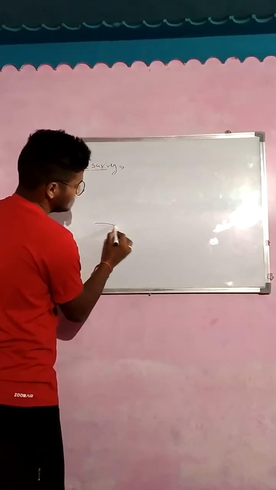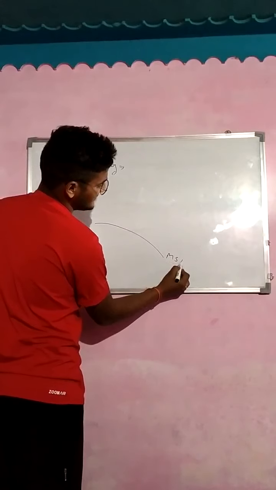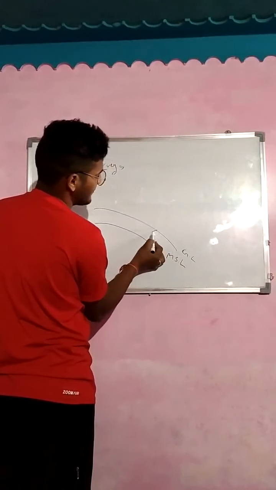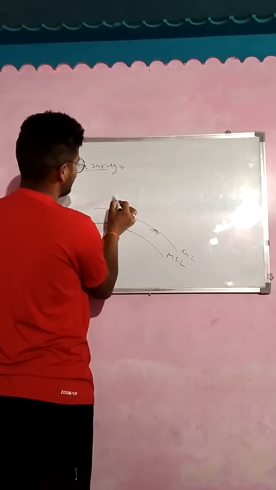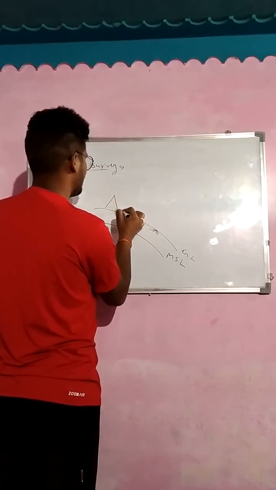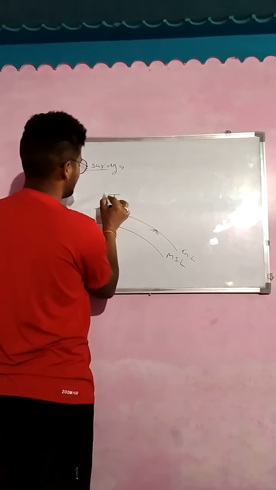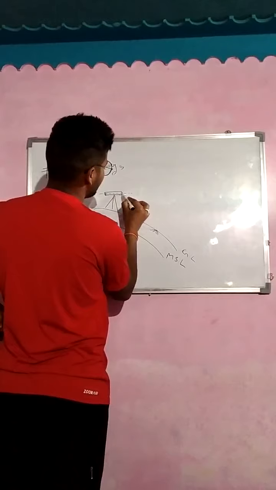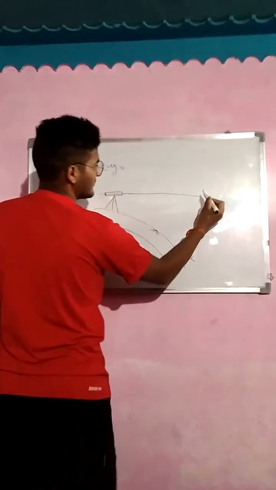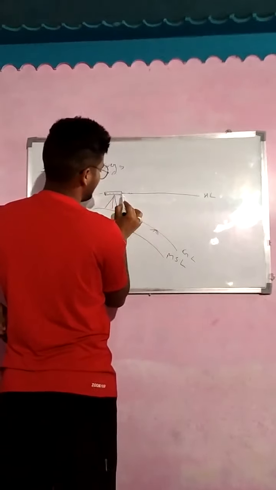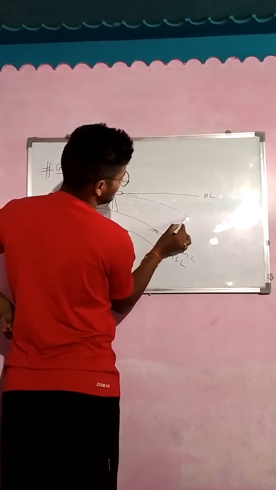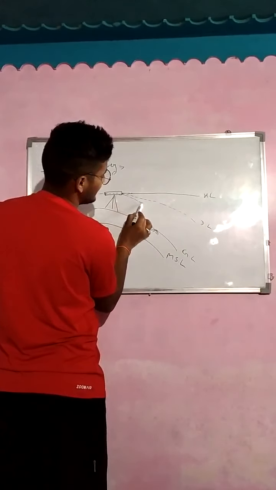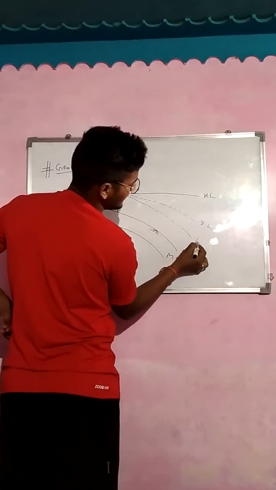This is mean sea level, this is the ground level, GL, this is where your instrument is set up over the ground level, and this is the horizontal line, and this line is the deflected line, and this line is your level line.